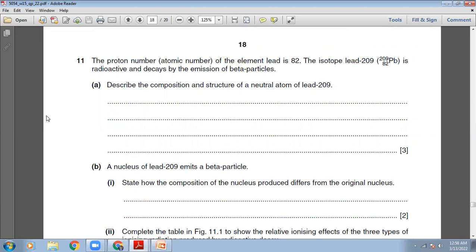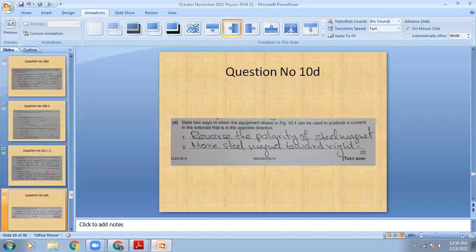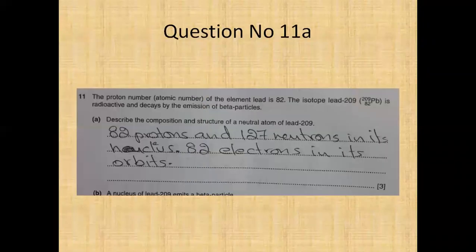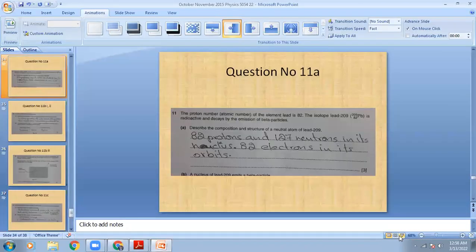The neutral atom will have 82 protons in its nucleus, and you just subtract them from the mass number: 82 protons and 127 neutrons in its nucleus, and 82 electrons in orbit. So that's the structure of a neutral atom.